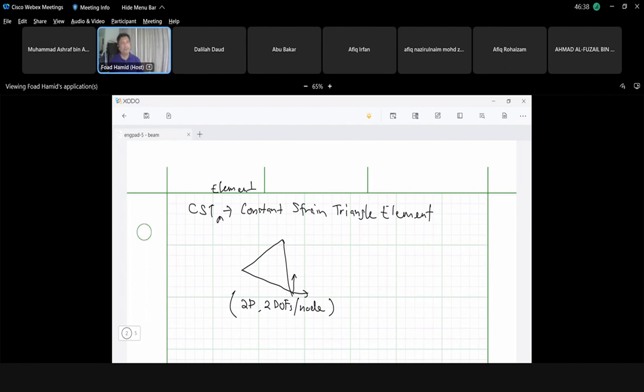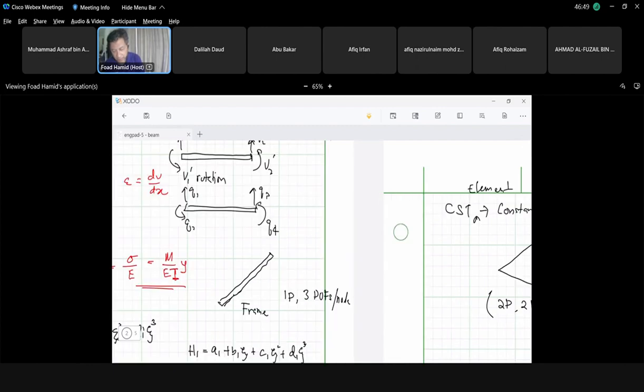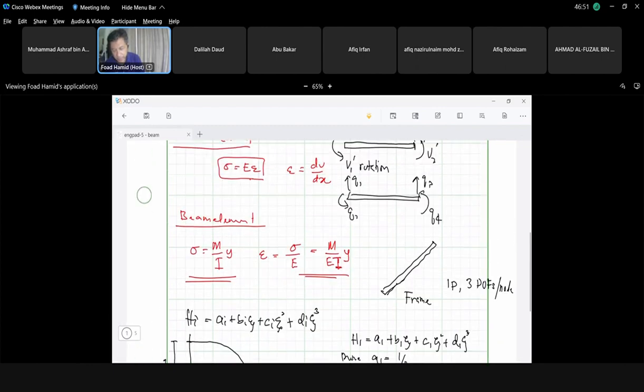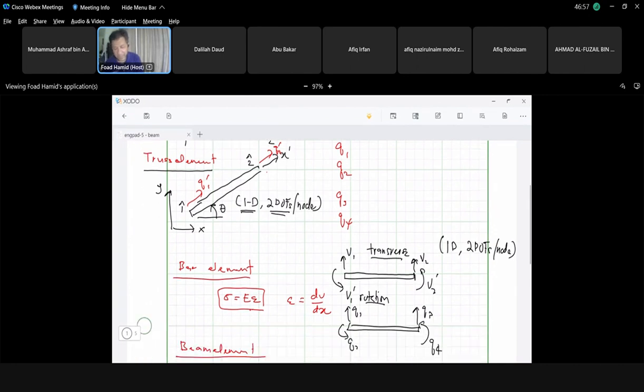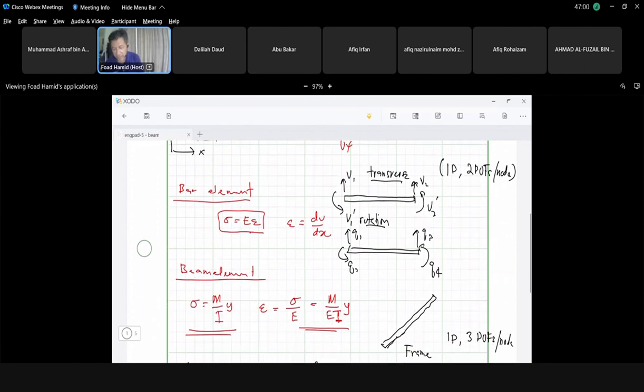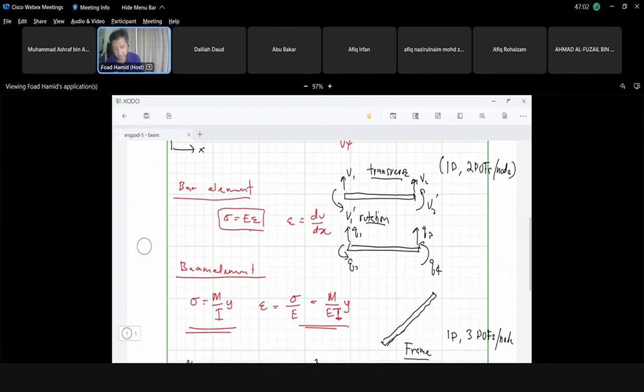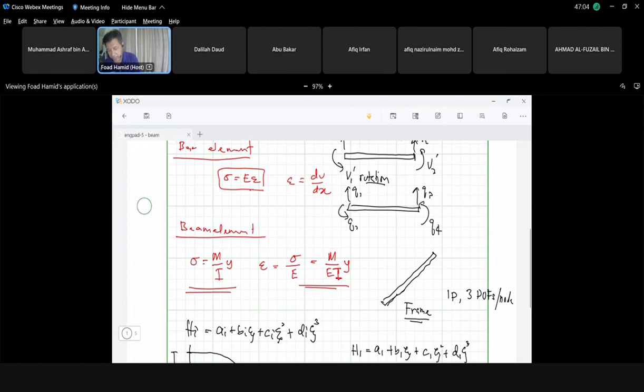So for beam element, it is a 1D element with 2 degrees of freedom, which is the transverse displacement. Transverse displacement. Where is it? Here. Transverse displacement and rotation. And then we put it at an angle. Then it becomes frame. This is basically, we can see that it is beam plus truss.